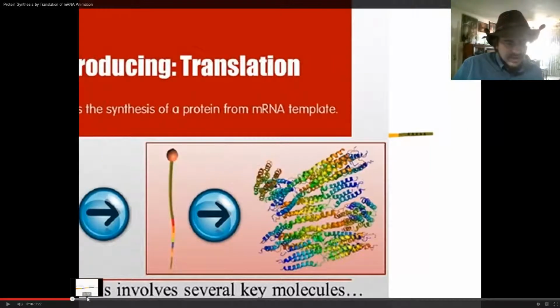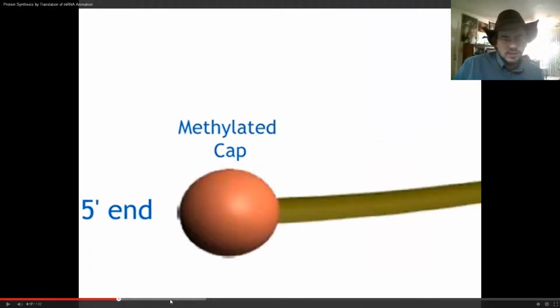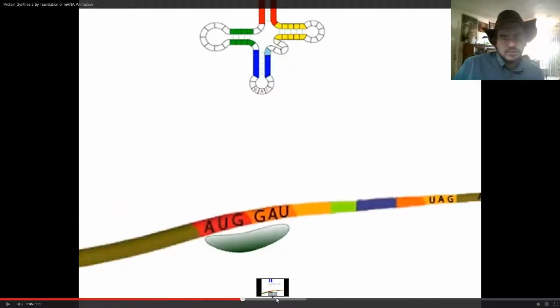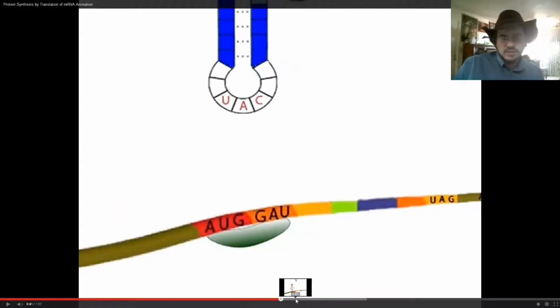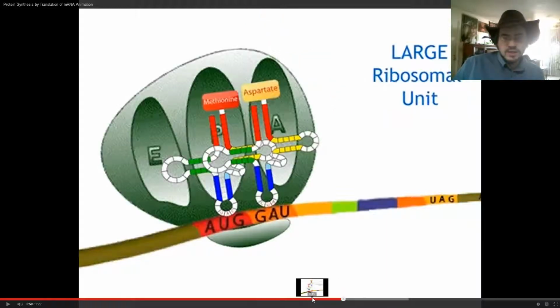Let's find it here. Poly A tail, methylated cap. So that's where tRNA is binding. And then here we have our A, P, and E sites. So we already know that the ribosome assembles around the AUG.